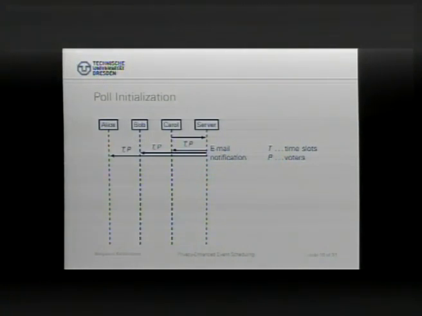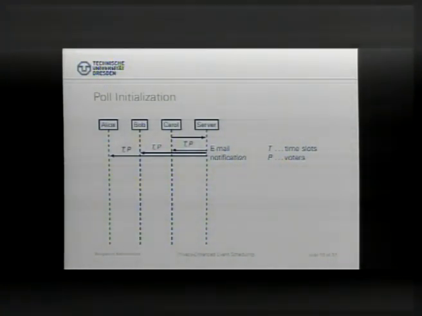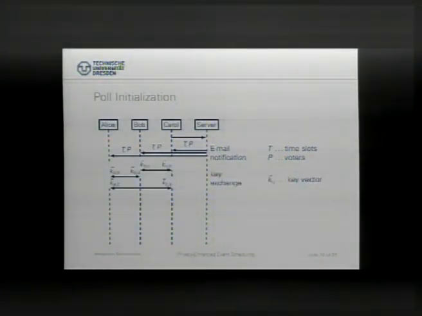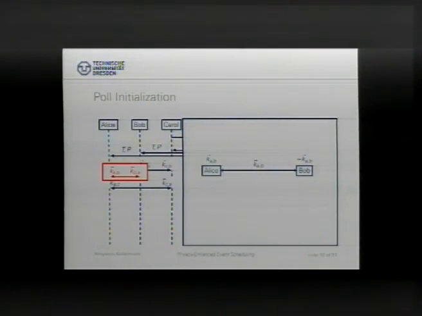And you or the server will send an email to everybody, saying, hey, this is the link to our poll, and these are the time slots where we want to schedule some meeting, and these are the other participants. Afterwards, everybody exchanges some key. When we look into this key exchange, it looks quite similar to what we have seen now.